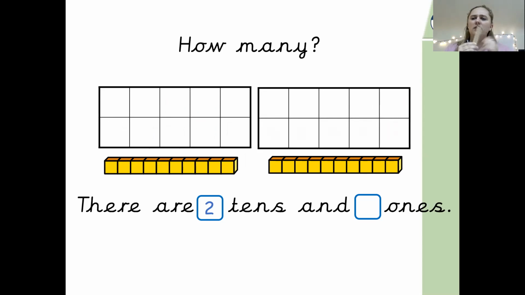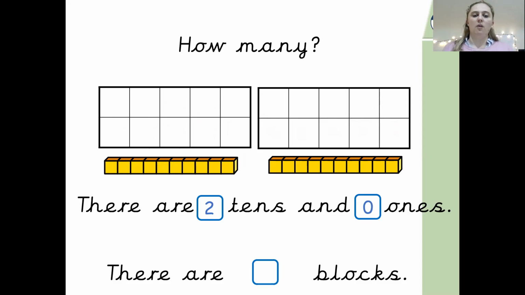How many ones do I have? I don't have any left. That must mean there are 0 ones. I have 2 tens and 0 ones. So I have how many altogether? How many blocks do I have? 20. Fantastic if you got that.